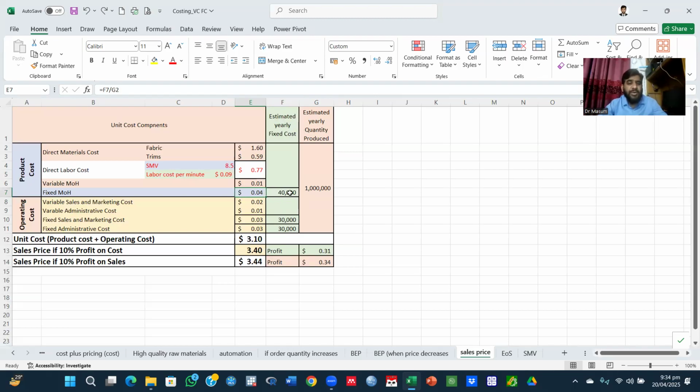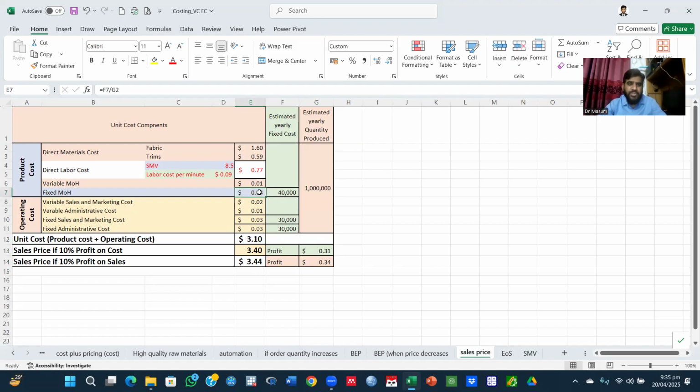Sorry, this is ultimately cost, and this is the volume. You are going to sell 1 million units, and your cost is 40,000. So 40,000 will be divided by 1 million, not 1 million by 40,000, because this is your estimated yearly cost.